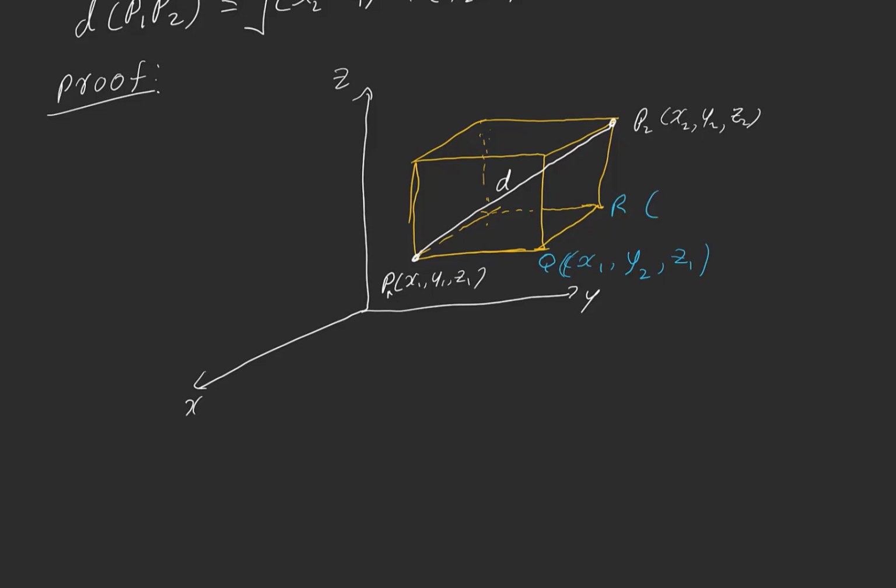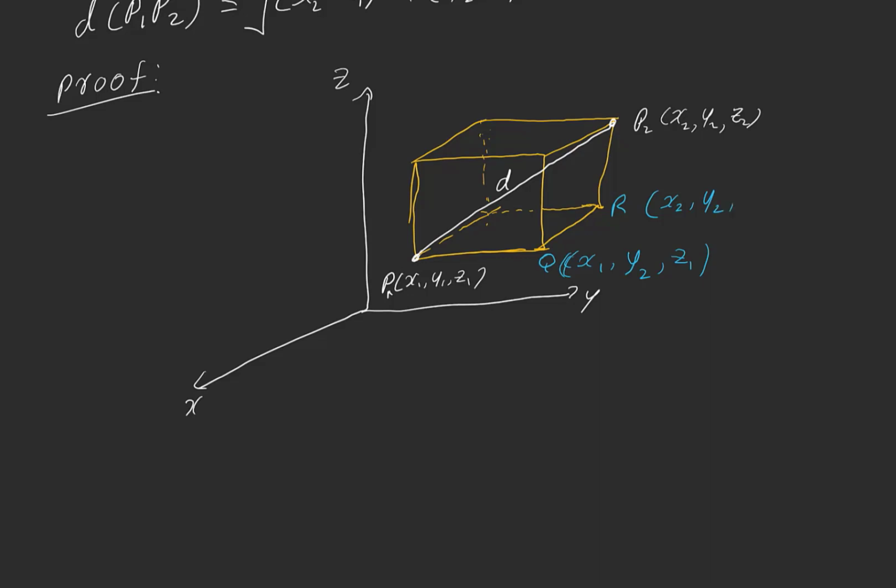R's x value is changed because QR is parallel to the x-axis. P2's x value is x2, therefore this should be x2. And how about the y value? Y doesn't change. It should be the same as Q, because this QR is perpendicular to the y-axis. Therefore, this is y2.